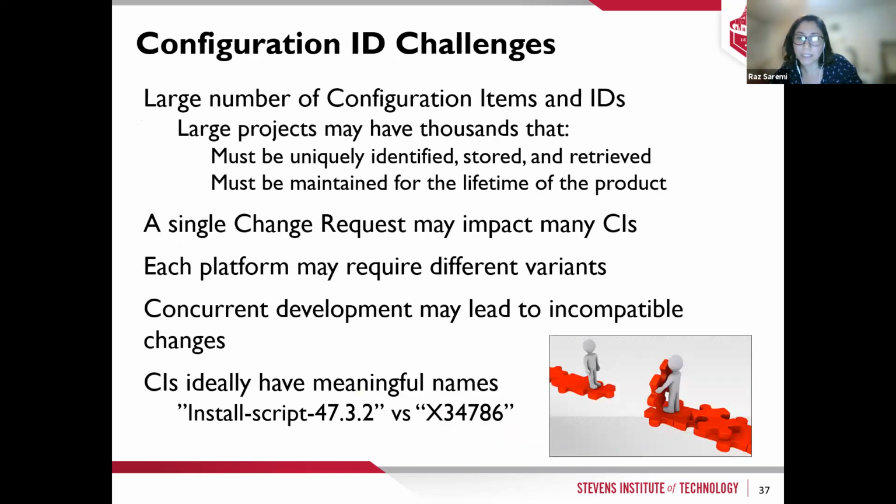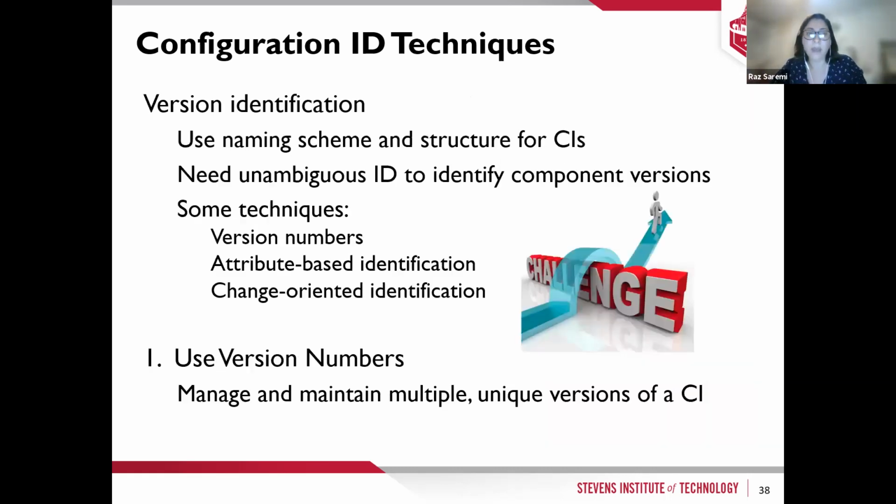The challenge that we have is how I'm going to name this configuration item, and why. I want it to be meaningful and easy to follow. We have different models of naming.